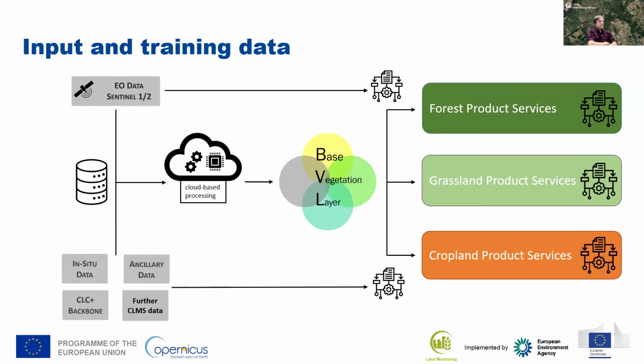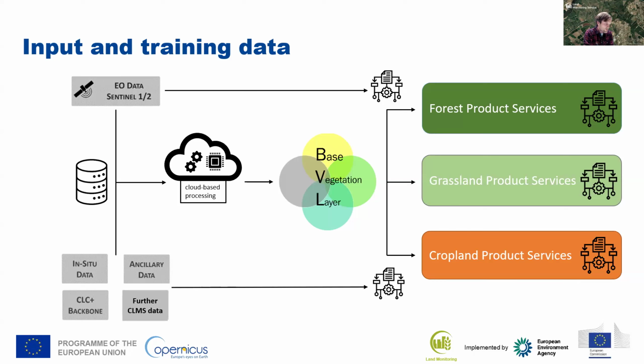To give a very basic overview of how these products are produced, the input data and the training data used for the production of the HRL-VLCC products are the Sentinel data, the Earth observation data that we use for producing these results, and those are combined with a large training database which contains in situ data from LUCAS, for example, and ancillary data sets coming from national data.